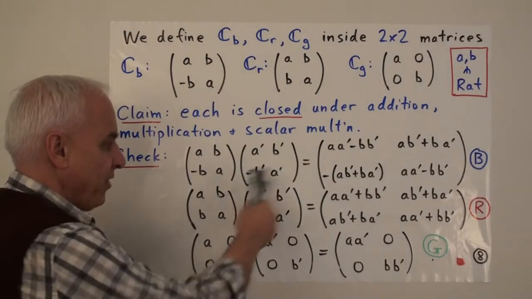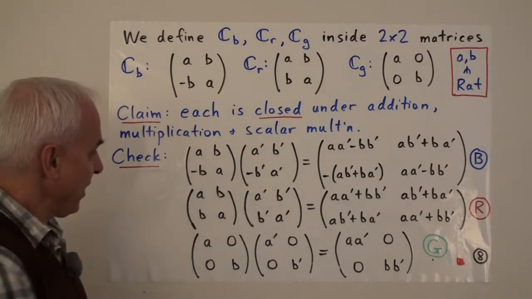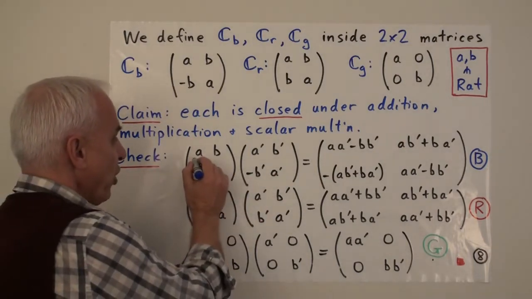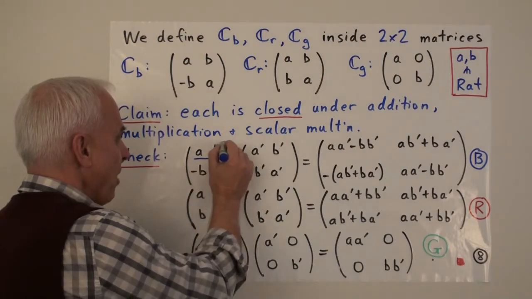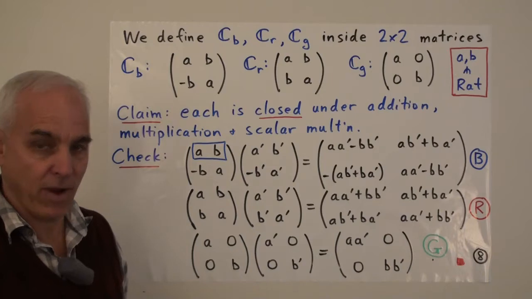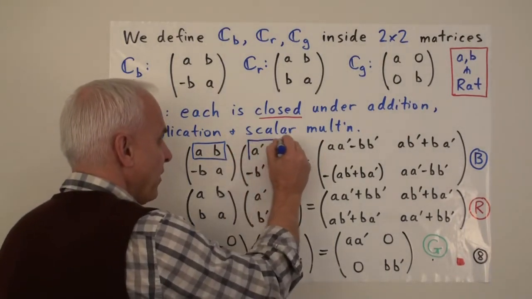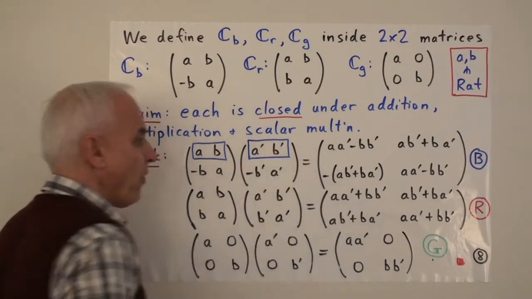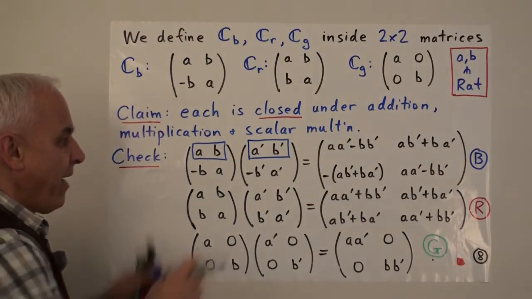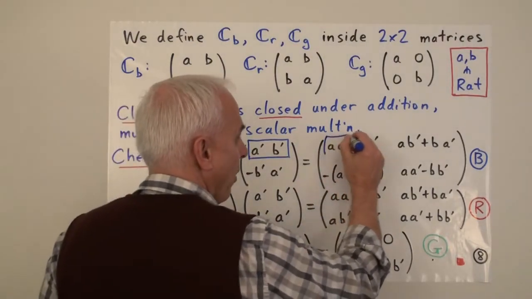If we look at this product here, the blue one, we can see that this matrix is really determined by that top row. If you know that top row, then you know the bottom row as well. And so if we take these two matrices and look at their top rows, then the product of the two matrices gives us a new top row.